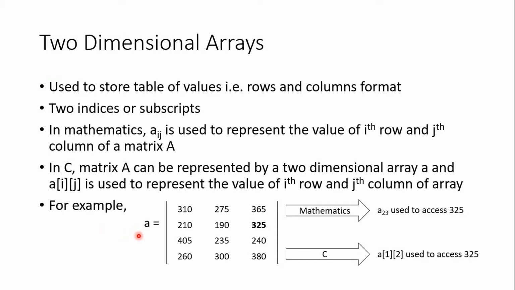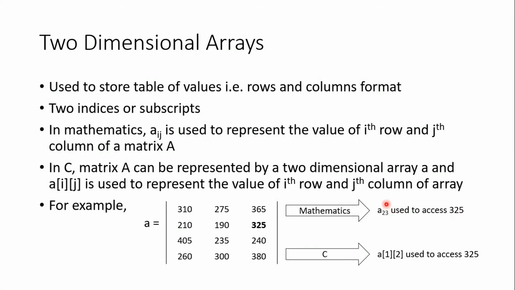Here is an example. This is how we write a matrix in mathematics. This can be represented in C. To represent the value 325 in maths, we use the symbol A23, where 2 represents the row number, that means second row, and 3 represents the column number, that means third column, which points to the value 325.